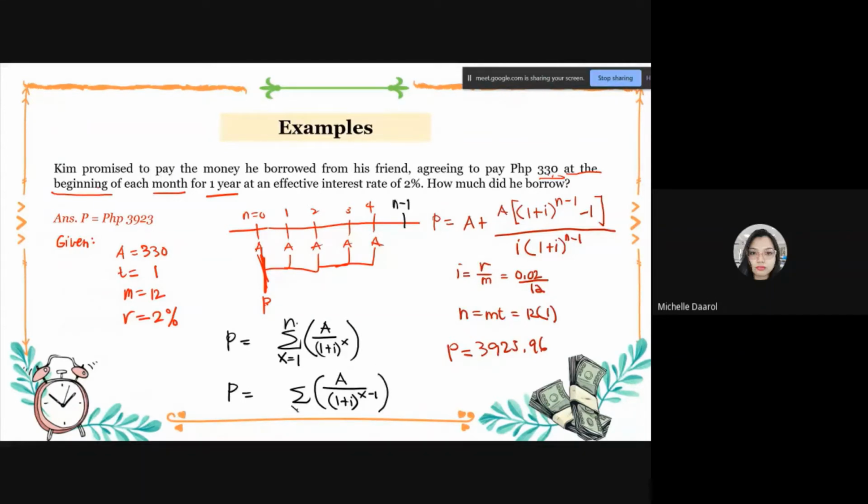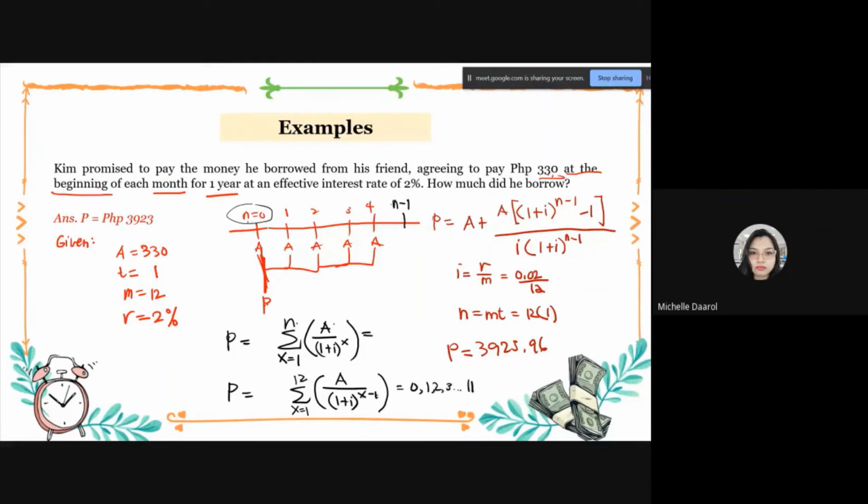And then mag-start siya when x is 1, para 1 minus 1 is 0, right? Kasi 0 nag-start ang annuity due. And then mag-end siya when n minus 1. So therefore, ang n dito ay 12. Bakit 12? Kasi nga, ang sequence mo, n minus 1. So if i-substitute na ang 12 dito, mahuhuli siya sa 11. So therefore, ang counting dito 0, 1, 2, 3, up to 11.